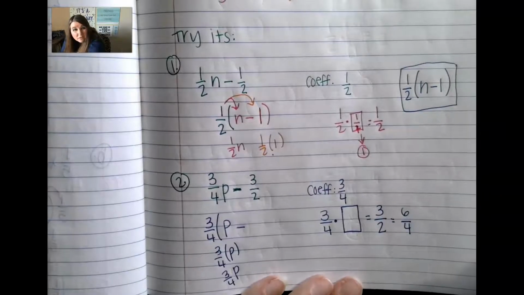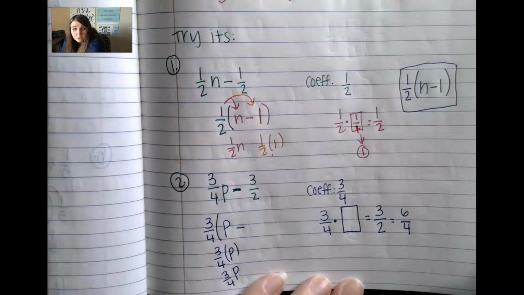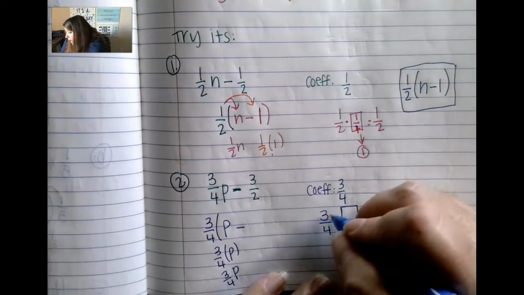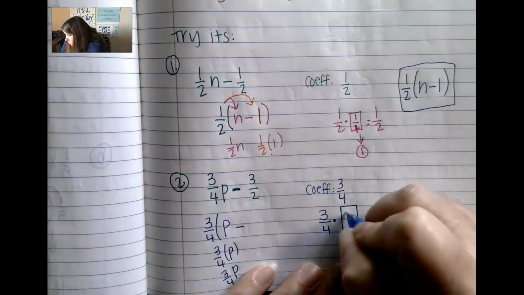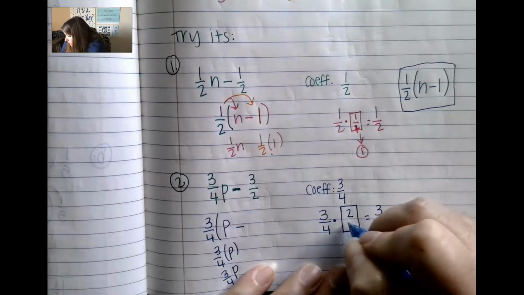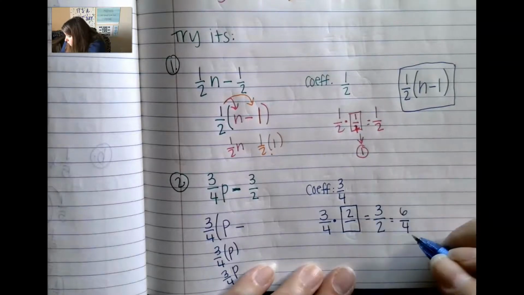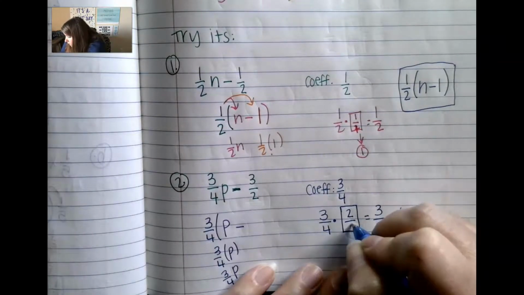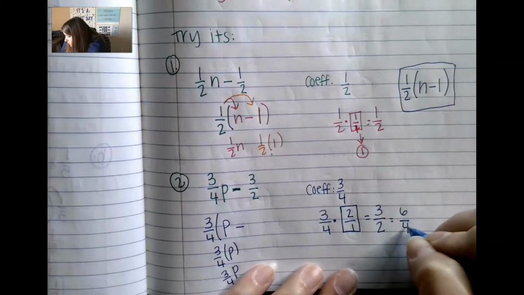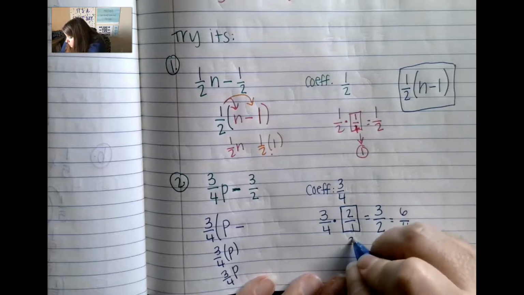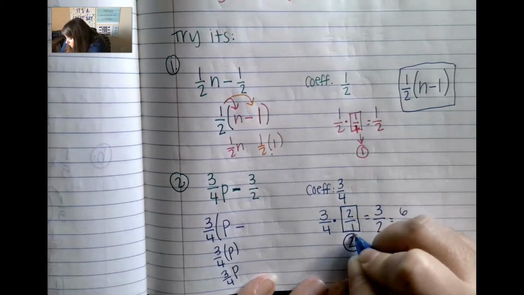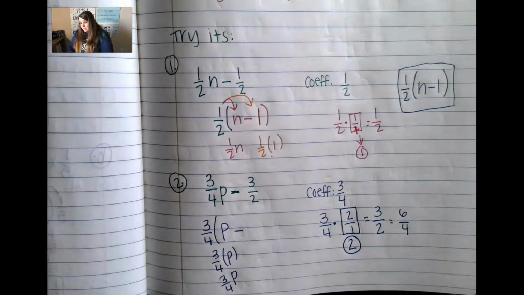So this one's kind of a tricky one, and I'm sorry this was in your try-its. But I would do 3 times 2 to get to the 6, and 4 times 1, and that would get me here, which would reduce down to 3/2. So if I multiplied by 2, I would get the answer.